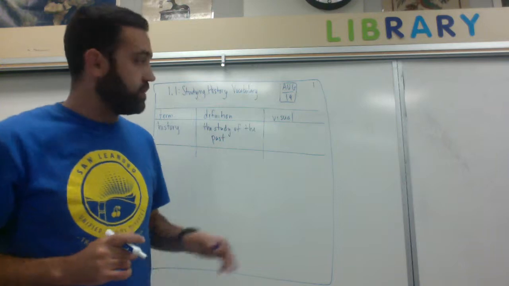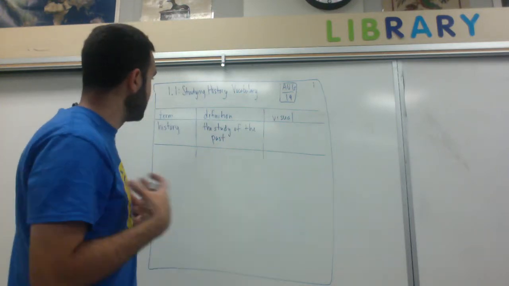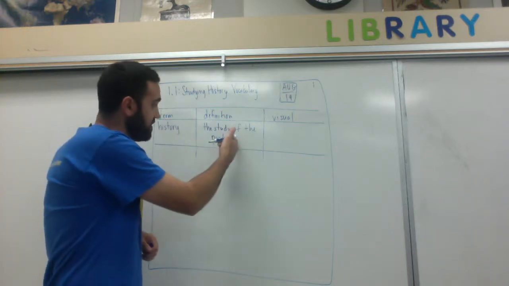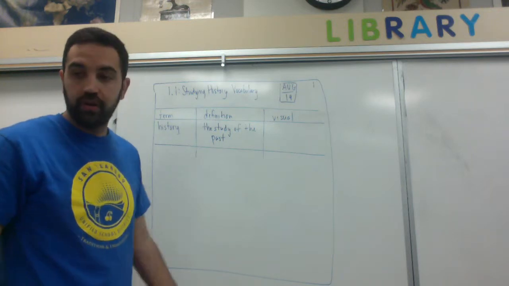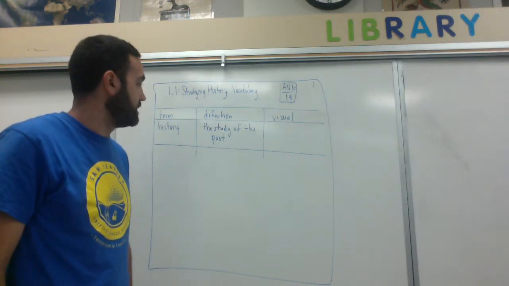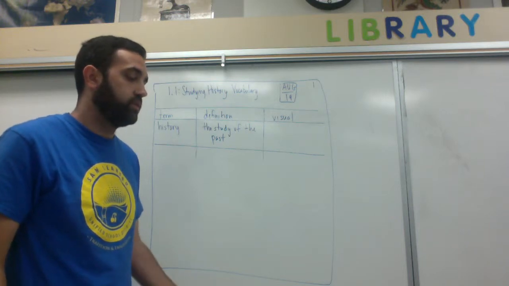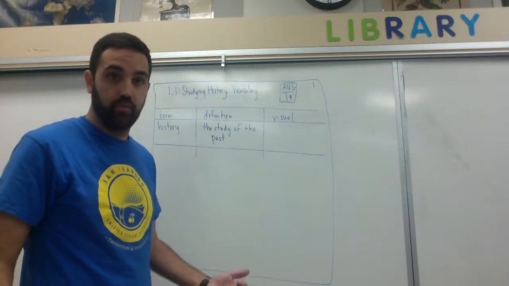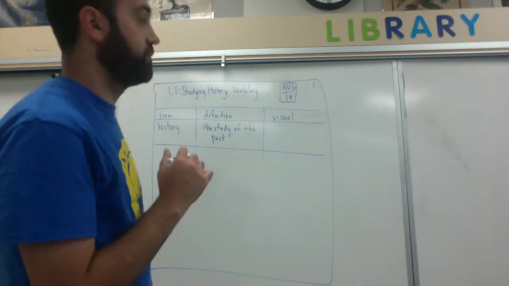All right? The last part is the visual. Something that's going to help us remember what this term means. Okay, the study of the past, history. What can I draw? Well, there's a lot of things you can draw. Maybe history makes me think of, I don't know, King Tut or a pharaoh. So I can draw a pharaoh.